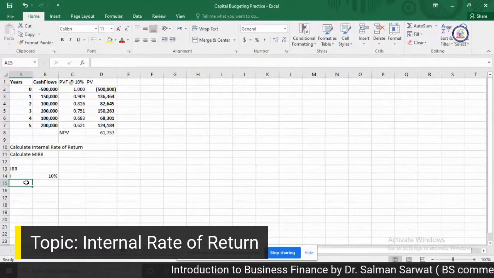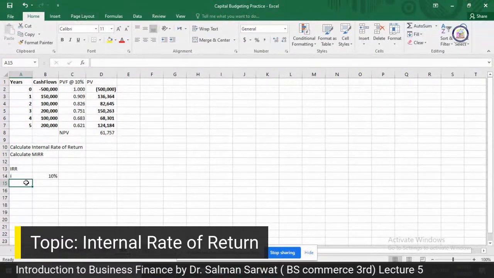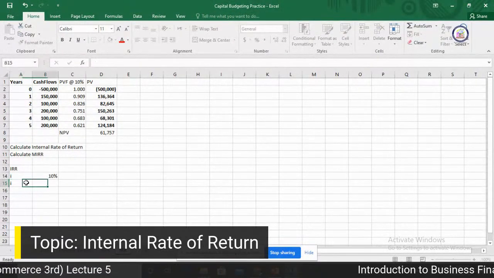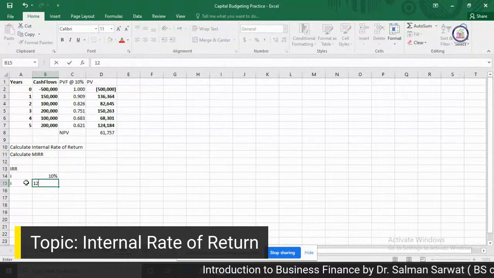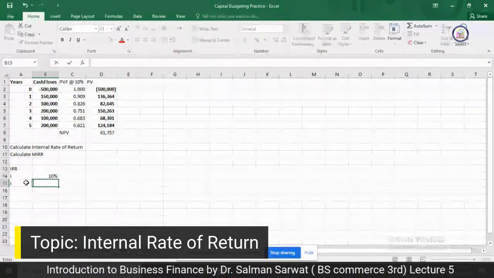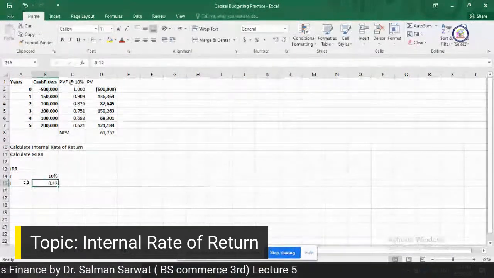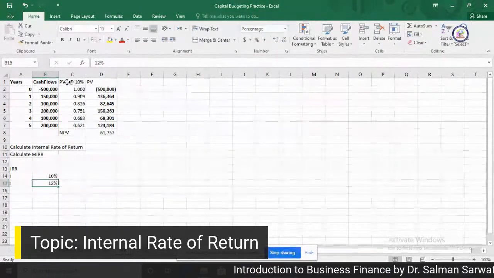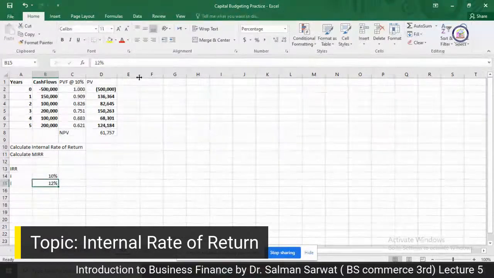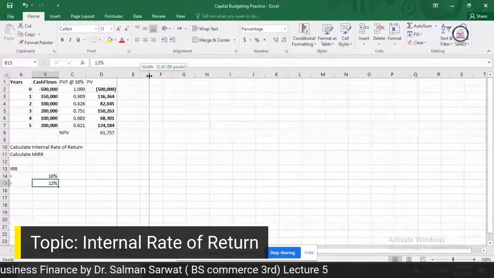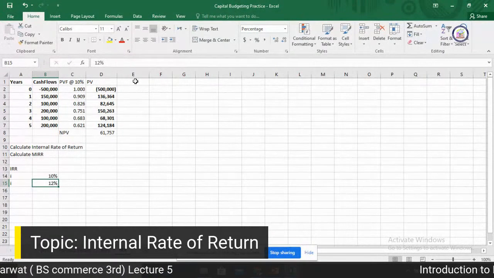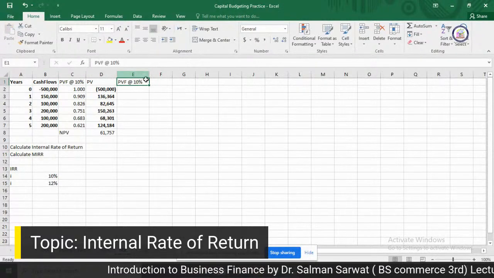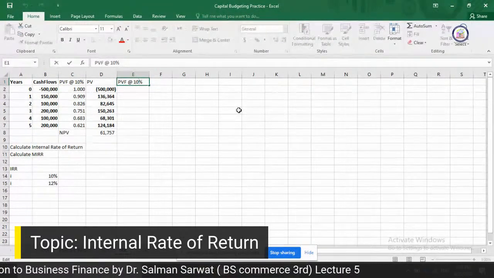So let's suppose if we increase the interest rate to 12%, what would be the present value factor? We have increased the rate to 12%. Let's see what would be the impact of 12%.